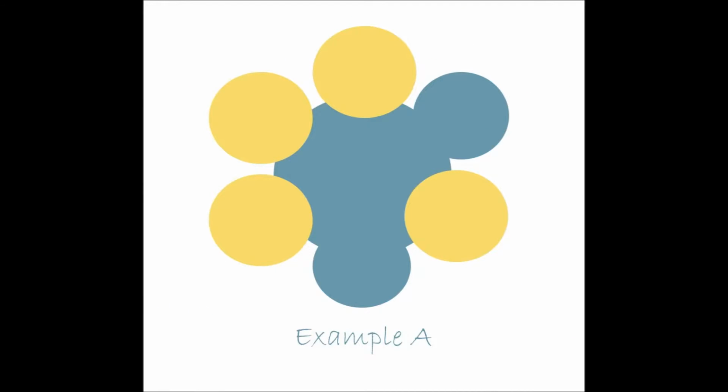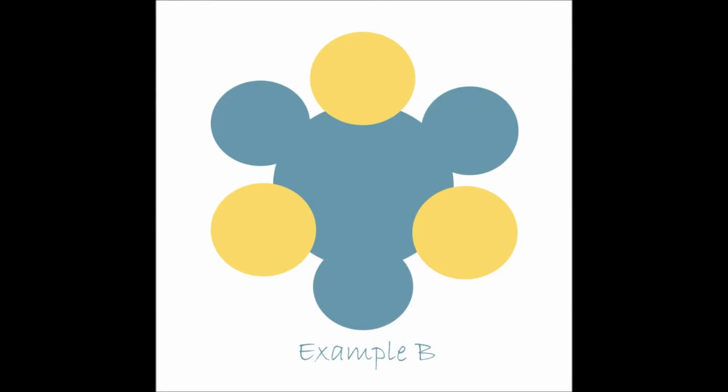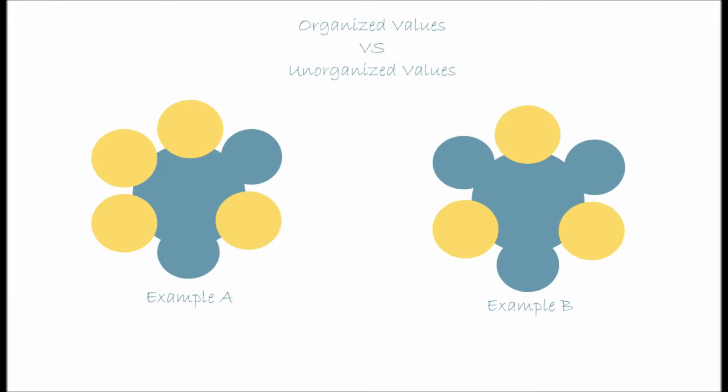Because if you see example A, you probably don't want that yellow ball to be there. You want it to be a different color. You want it to match. So example B is an example of it looking symmetrical and nice and making sense with the values. So that's on organizing your values.